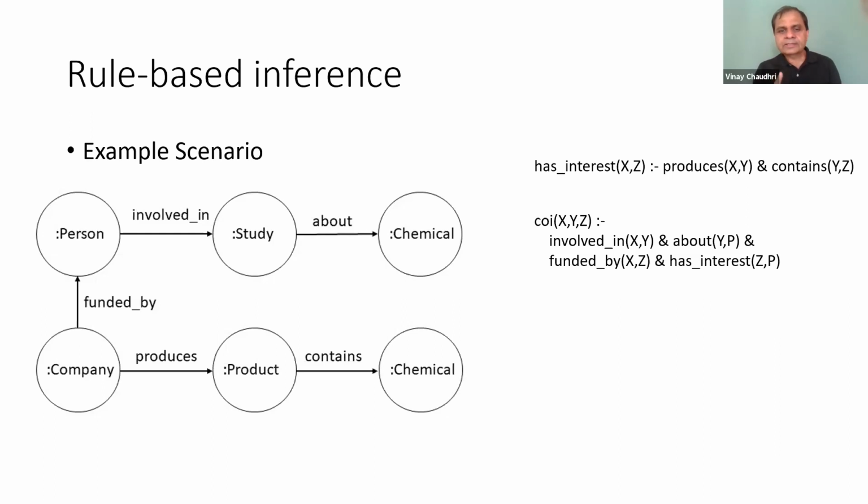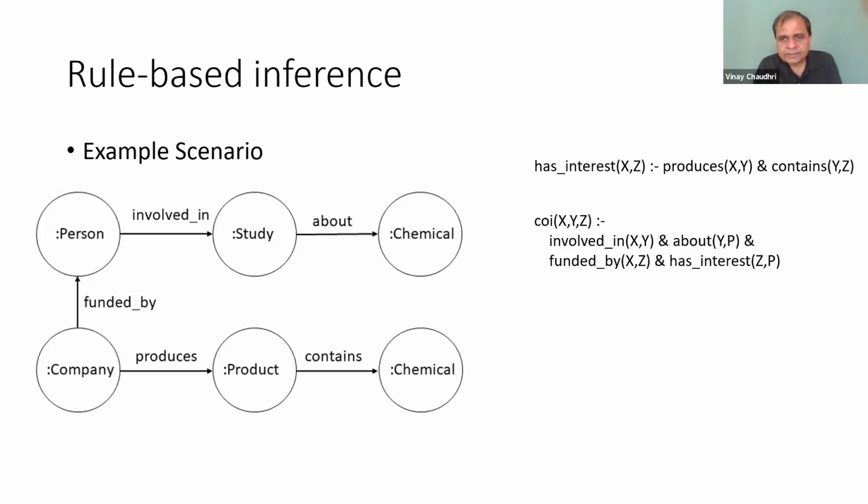A company X has interest in chemical Z if company X produces product Y, and that product Y contains chemical Z.